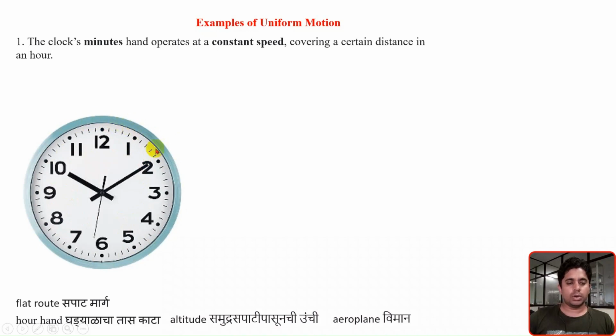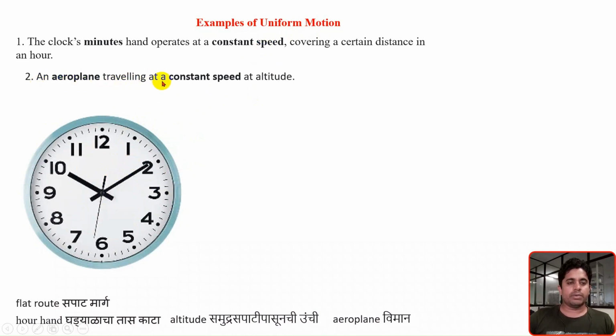So as it rotates, the tip of the minute hand will cover a distance proportionate to the periphery or perimeter of this circle. But the thing is, this minute hand is rotating at a constant speed. So this is a very good example of uniform motion.